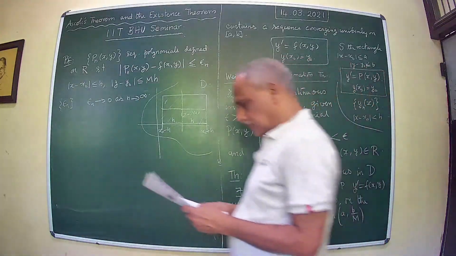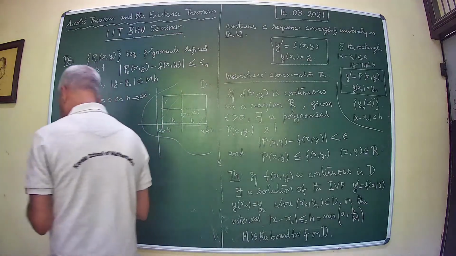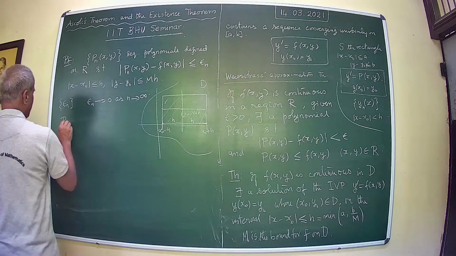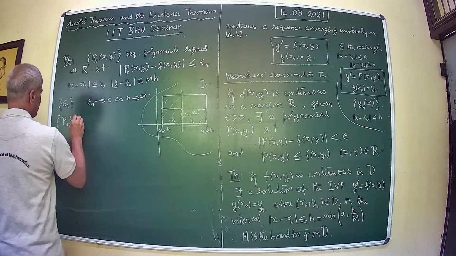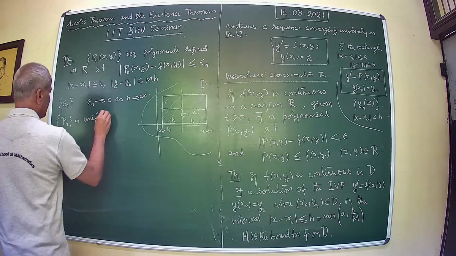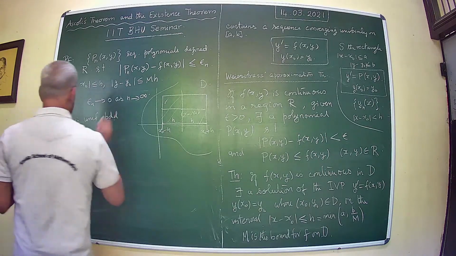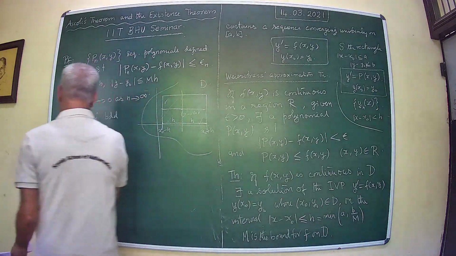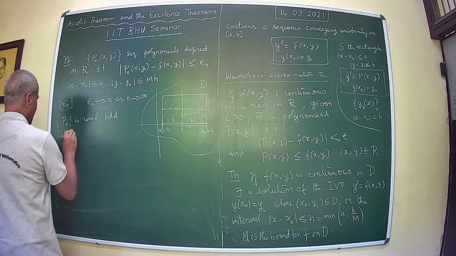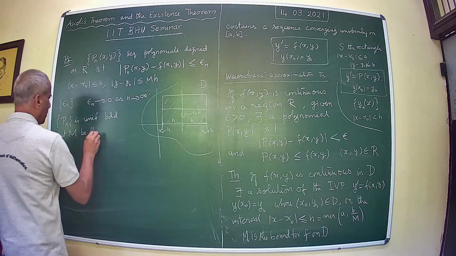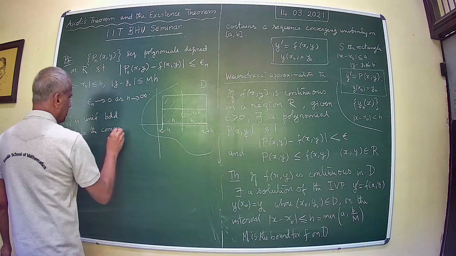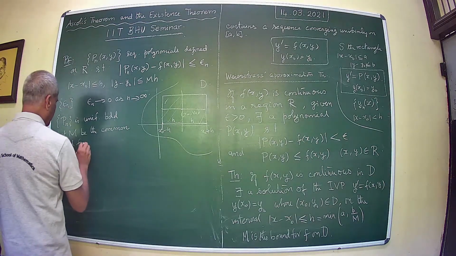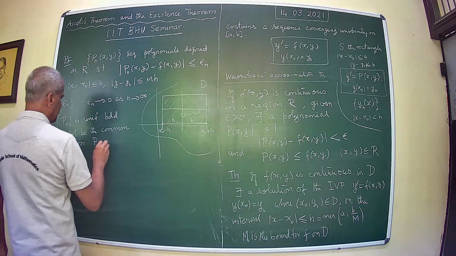So what happens? Now you look at this. Because Pn is uniform. Now assume M is a common bound for Pn as well as f.